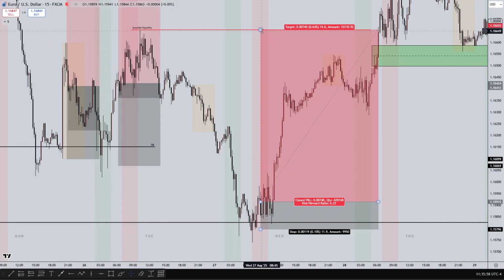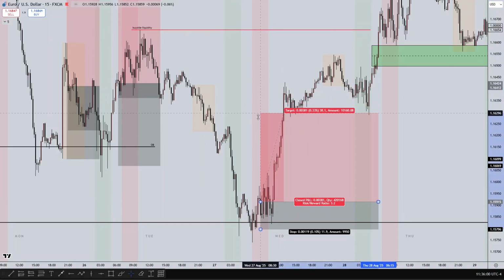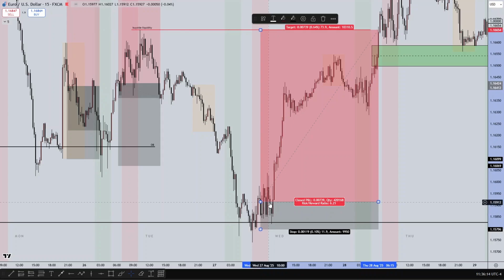Then when it's at 4 hour, I take half of the position, that is, if there's still more potential for price to trade higher. Then I hold until price trades to my target or trades against me. Remember, if price were to trade against me, I'm not losing any money from the trade because I've already moved my stop to break even and I've taken out half of the position at 4 hour, which is a 2% gain.